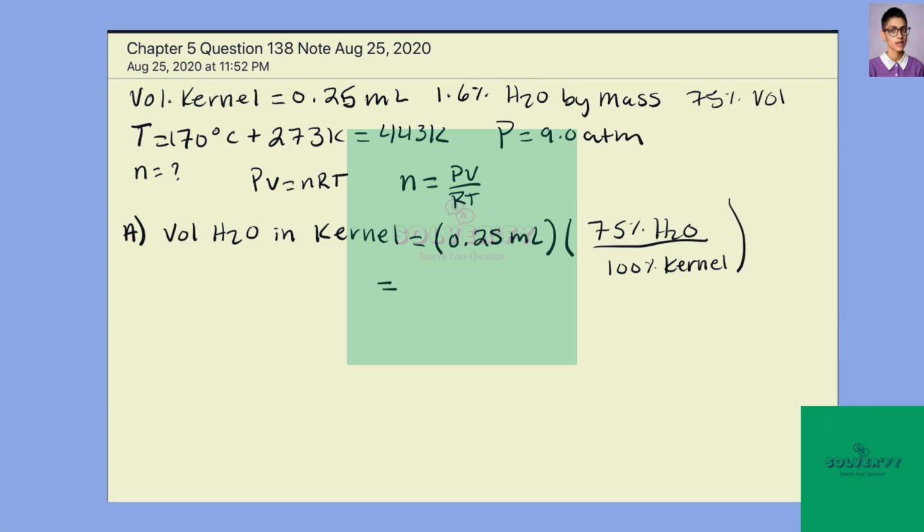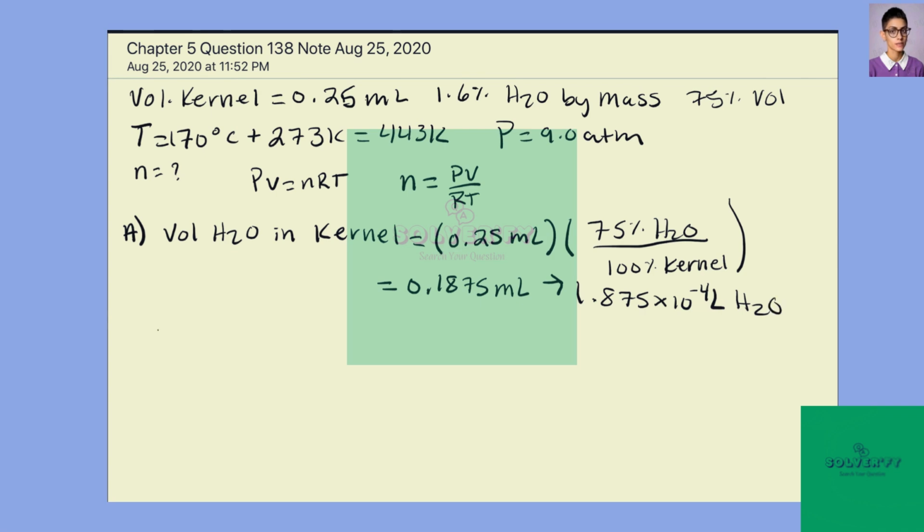So when we calculate this out, it's going to equal 0.1875 milliliters. Let's just change this into liters. So 1.875 times 10 to the negative 4 liters of water.